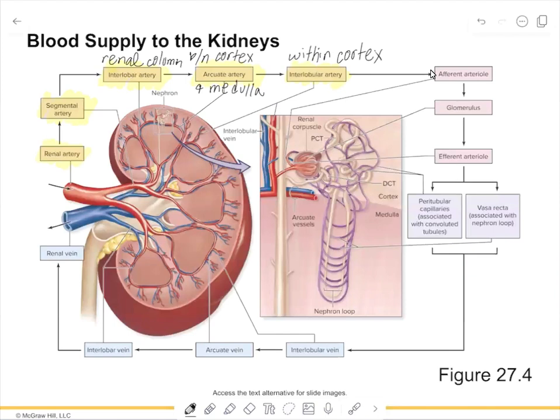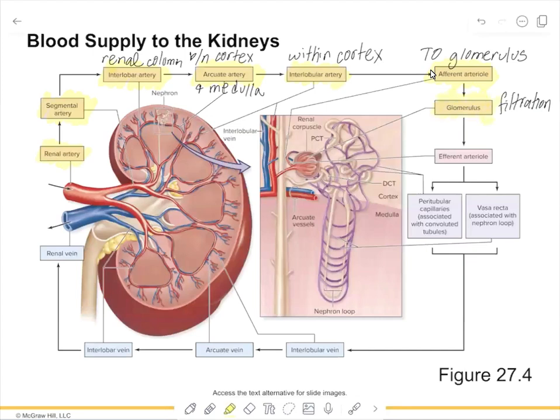Off of the interlobular artery, we have what's called the afferent arteriole, and that means that it goes to the glomerulus. The glomerulus is the first part of the nephron, and it's where filtration occurs, which is a high pressure, passive membrane transport where it forces fluids across a membrane.